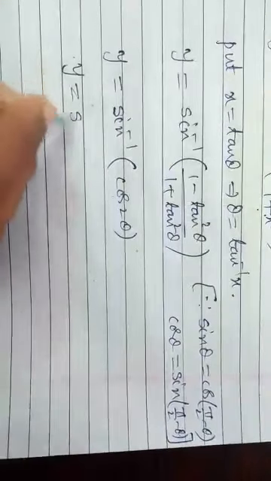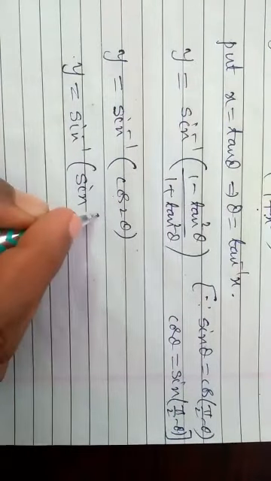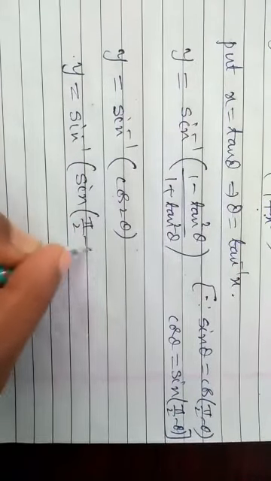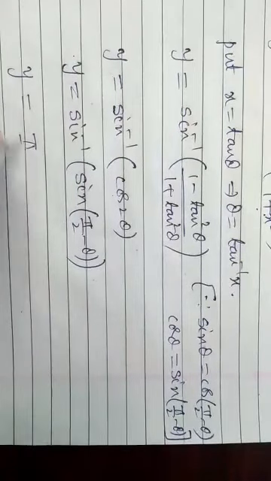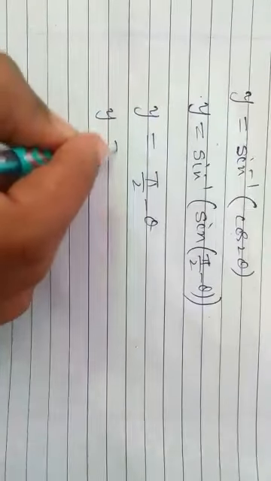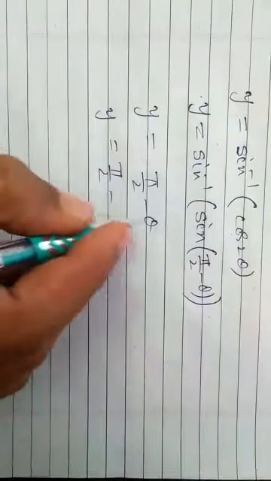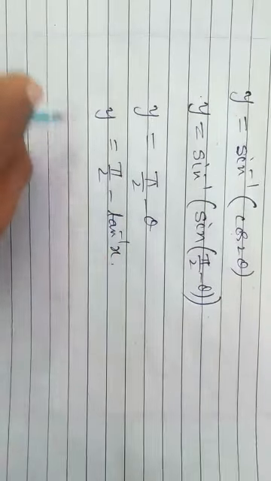And y is equal to sin inverse of sin of pi by 2 minus theta. That means we will get y is equal to pi by 2 minus theta, where theta is tan inverse x.